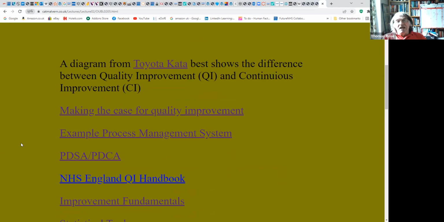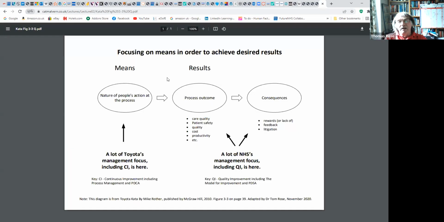I've heard different people in the NHS talk about Toyota Kata and how good it is, and I've given you a reference at the beginning to the book. But to me, the most valuable element in that book is this diagram here, and the diagram talks about the nature of people's actions at the process.